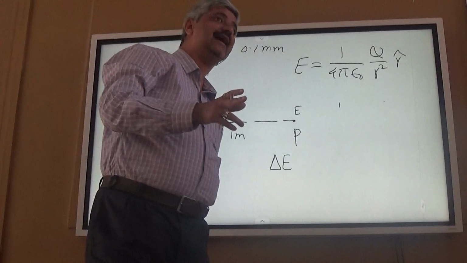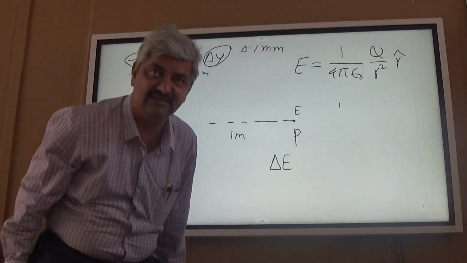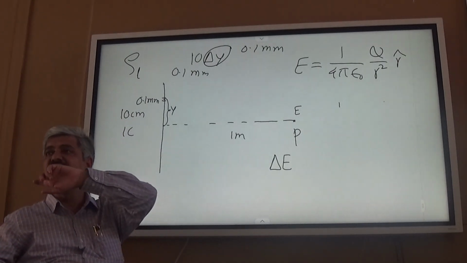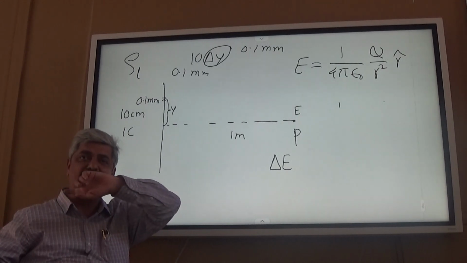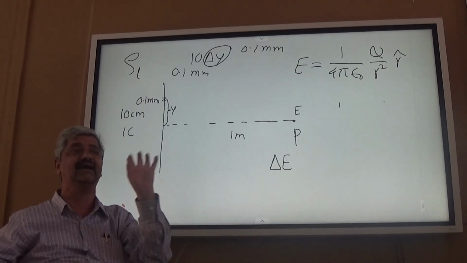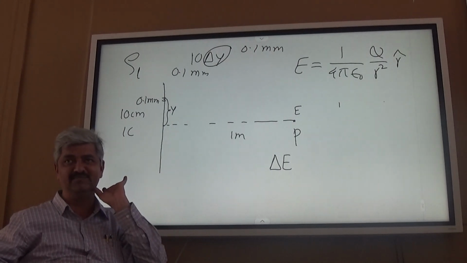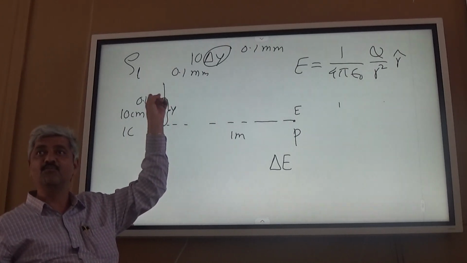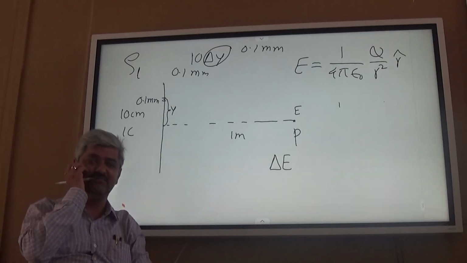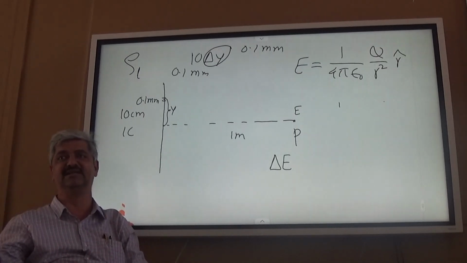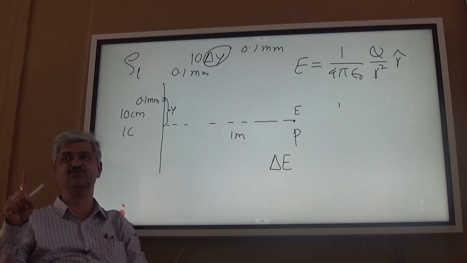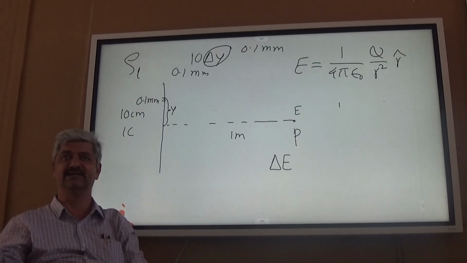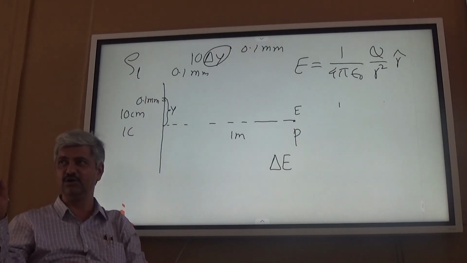the electric charge on this copper wire of 10 centimeters is uniformly distributed with the linear charge density rho L as 10 coulombs per meter. What is the length of the segment under interest now? Small segment delta y, 0.1 millimeter. That is 10 raised to minus 4 meters, or 0.0001 meters.